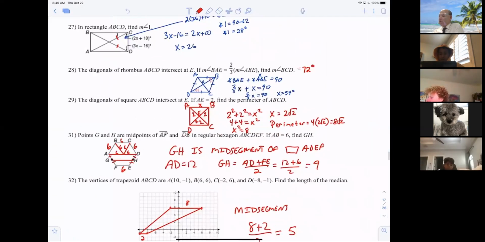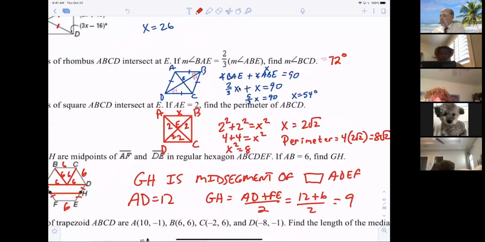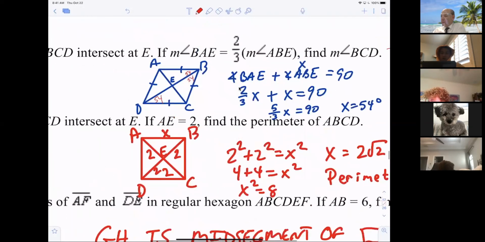The diagonals of a rhombus intersect at E. BAE is 2/3 of BCD. So I've got to find BAE for you.